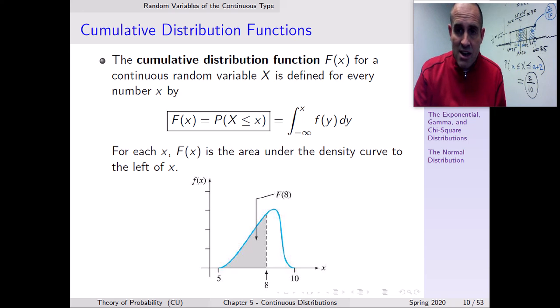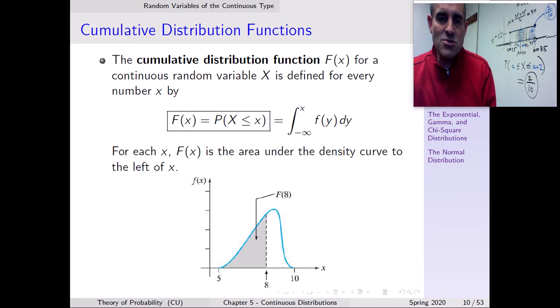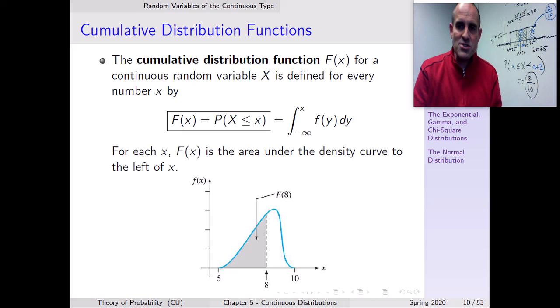It would be bad if you wrote f of x dx, because x is actually in the upper limit of integration here. So you should write f of t dt, or f of w dw, or f of y dy, f of z dz. Just use a different variable of integration, otherwise you'll confuse yourself.